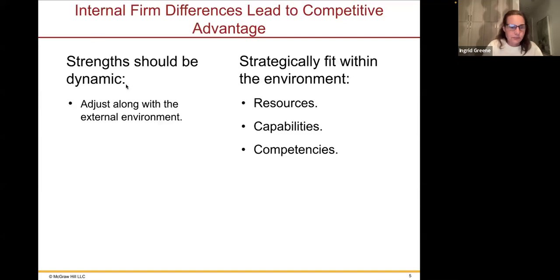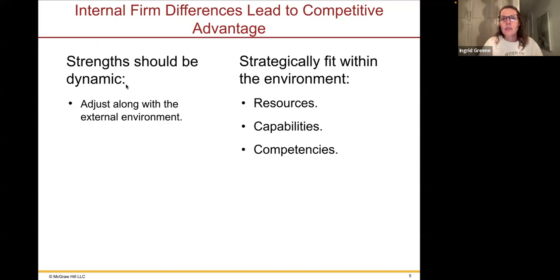Those strengths, as I said, should be dynamic because the external environment is always changing. Just think about semiconductors. Today we sit with one version of semiconductors, but next week there's going to be another version. AI is evolving, et cetera.